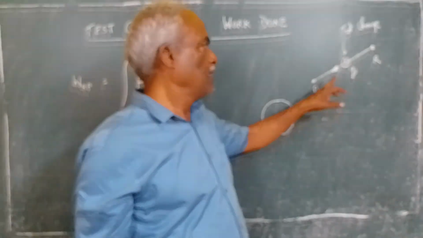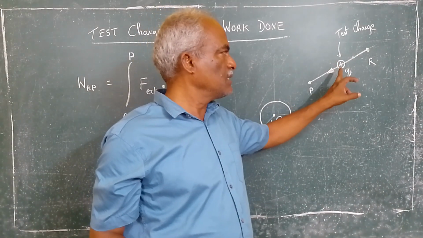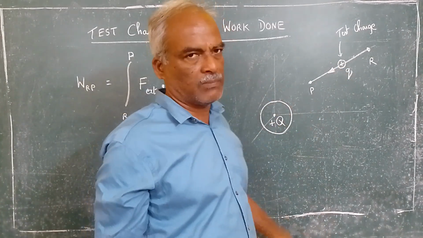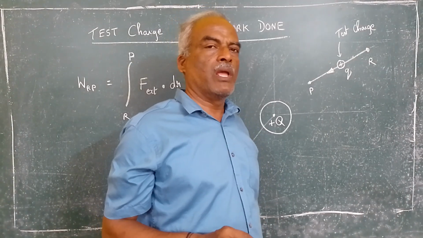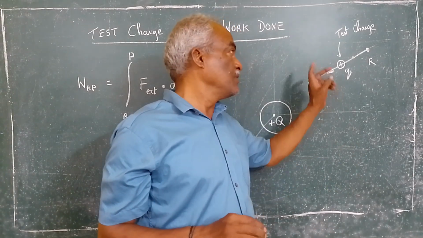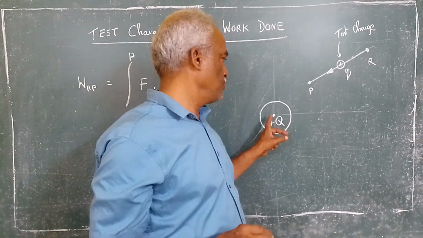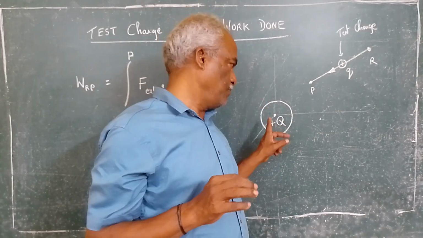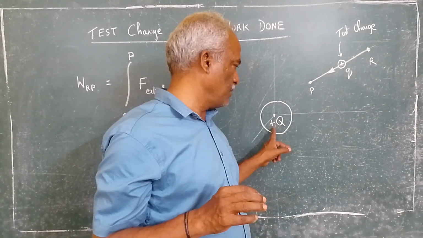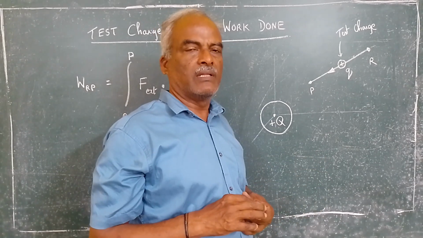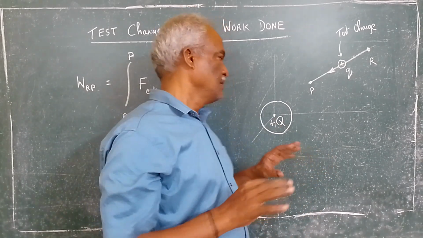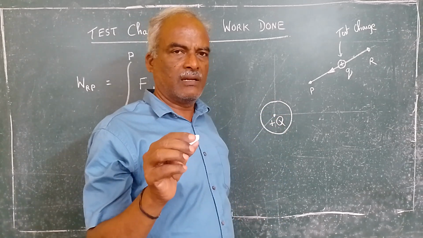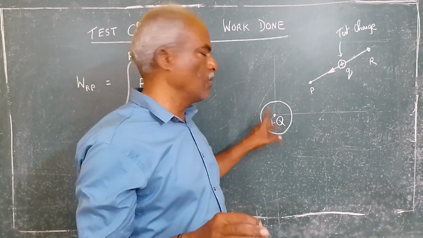That means, because of this test charge, this is not going to affect this plus q position. If at all this plus q tries to move this capital plus Q charge, then you can assume that some external force is acting on it such that it always remains at the origin.